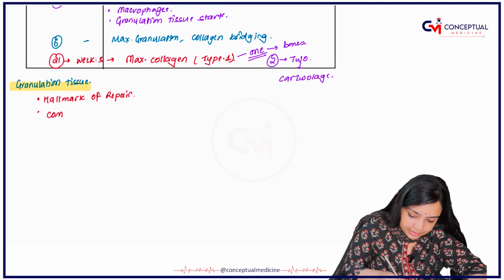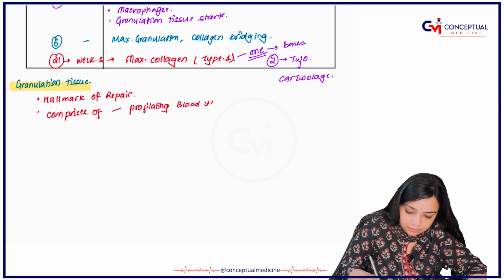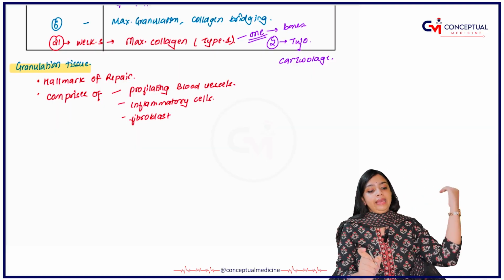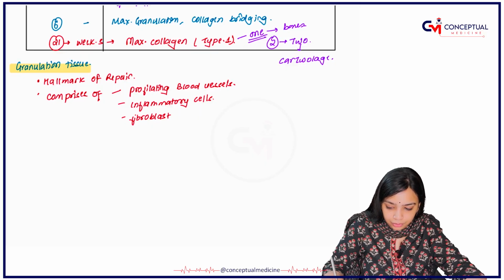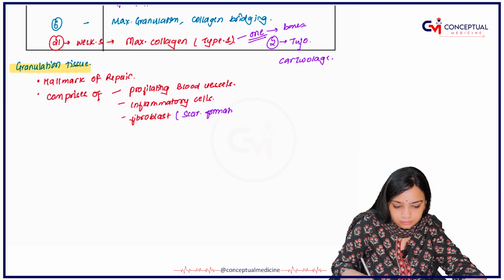And it basically comprises the proliferating blood vessels, the inflammatory cells, and the fibroblasts. And fibroblasts, guys, help in your scar formation. Fibroblasts help in the scar formation.